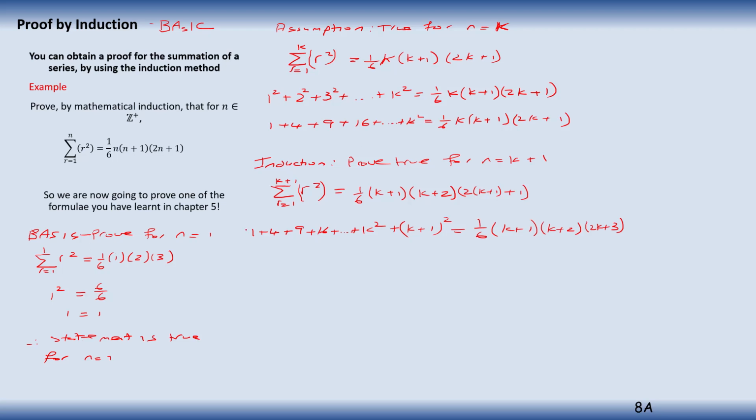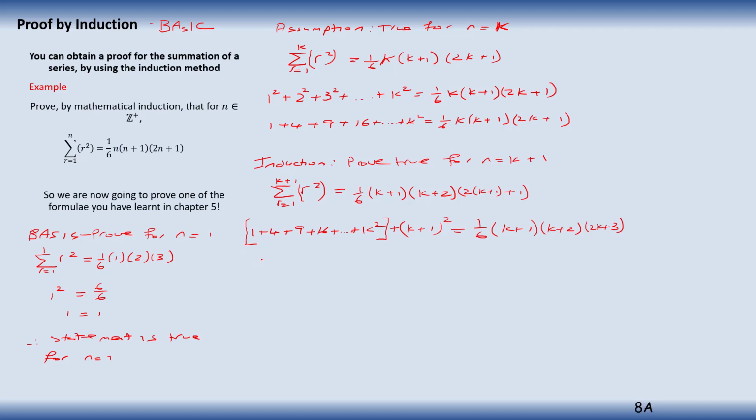So looking at the left hand side again, from 1 up to k squared is what we had above there, which we assume to be true. So I can replace from 1 to k squared with a sixth of k times k plus 1 times 2k plus 1. So let's do that.